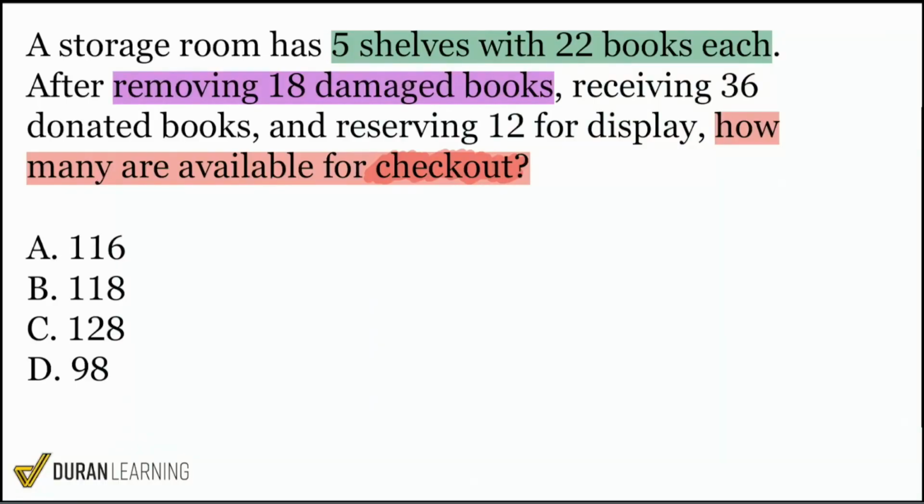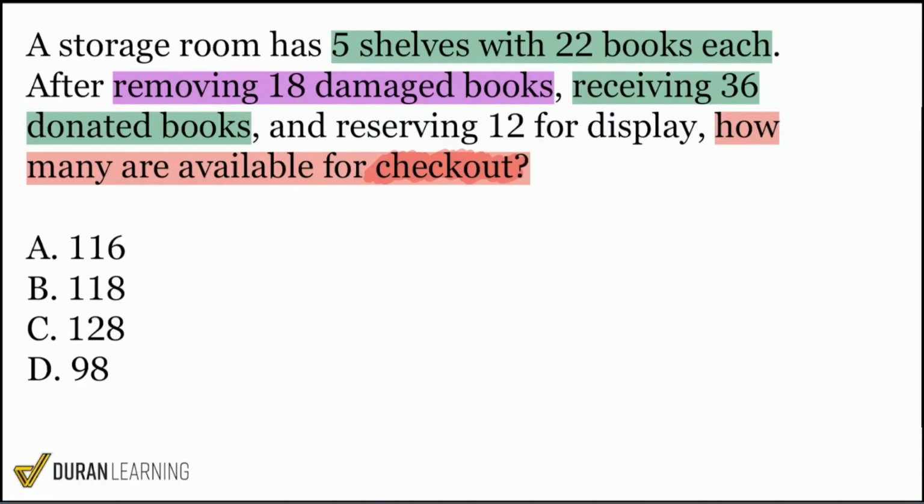Then it says receiving 36 donated books. What operation are we thinking of there, everybody? That's addition. If we receive, we're bringing in 36 books for checkout. And then it says reserving 12 for display. If we're reserving 12 for display, are those available for checkout, everybody?